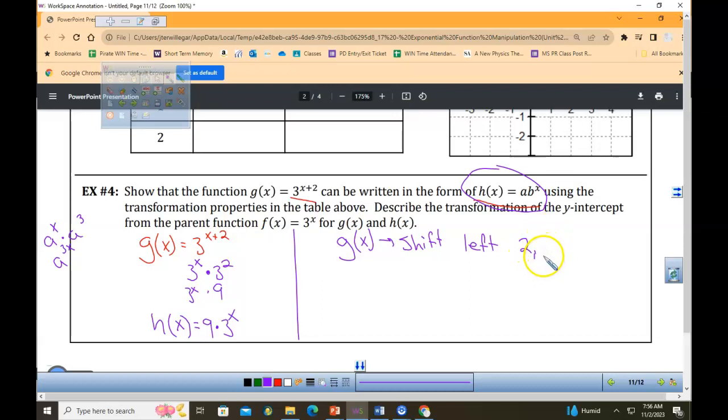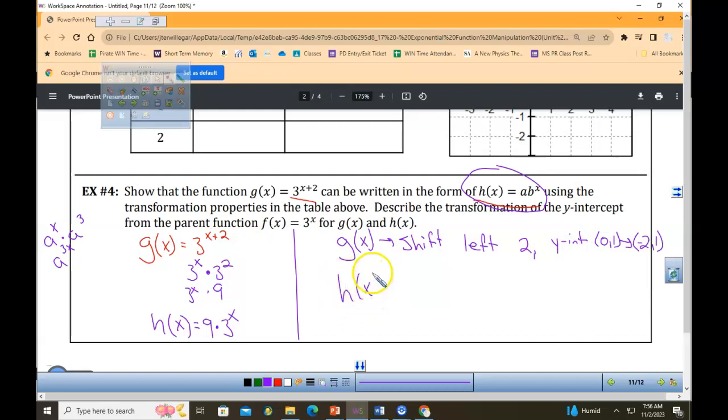So the y-intercept, they want to know what happens to the point, the y-intercept. The y-intercept was 0, 1, is going to be shifted to -2, 1, right? Because we shifted it to left 2.